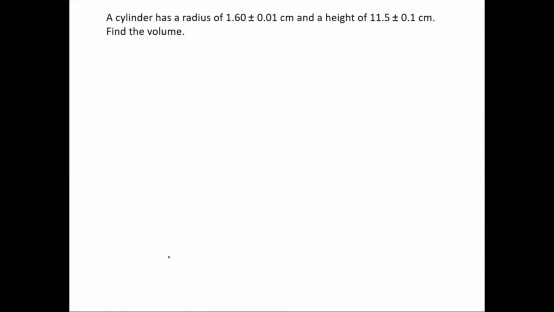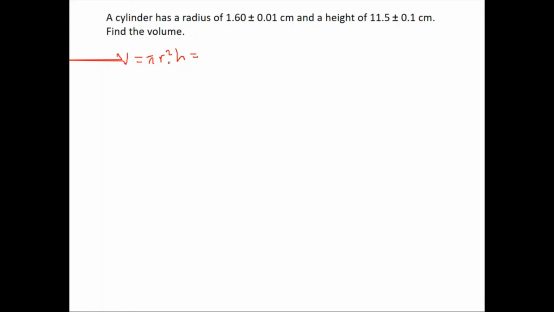Let's look at this example. A cylinder has a radius of 1.60 plus minus 0.1 centimeter and height of 11.5 plus minus 0.1 centimeter. Find the volume. So what is the formula for the volume of the cylinder? Volume is equal to pi r square h.